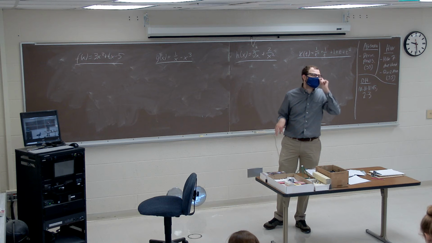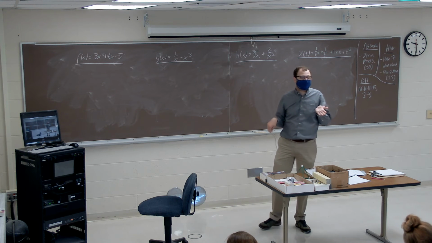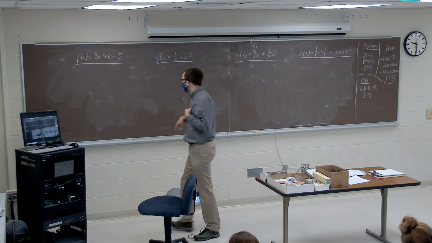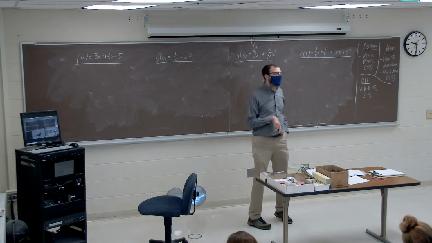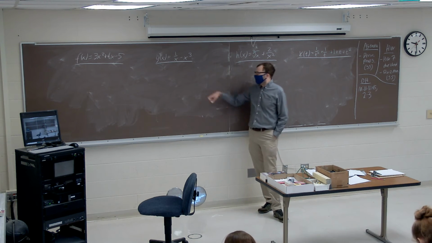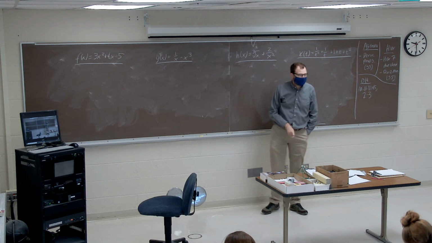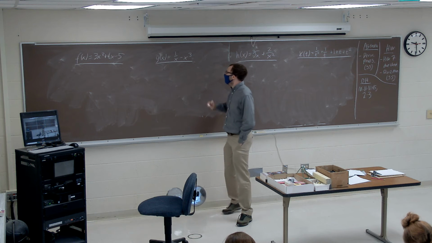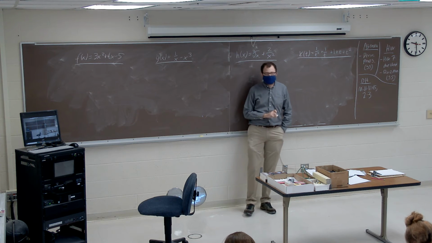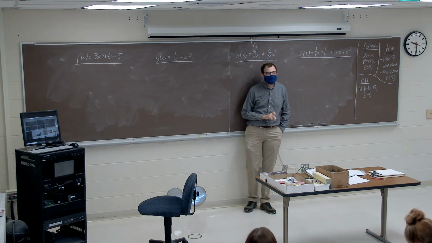Alrighty, let's come back together to talk about a couple of these. Let's see, which ones do I want to do? Do g of x. So, function g of x was equal to 1 over x minus x cubed.